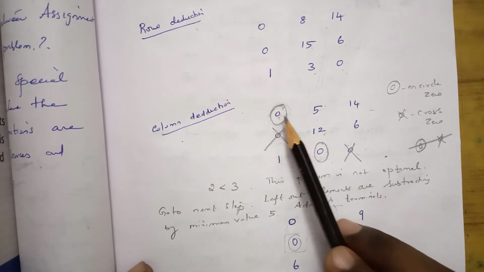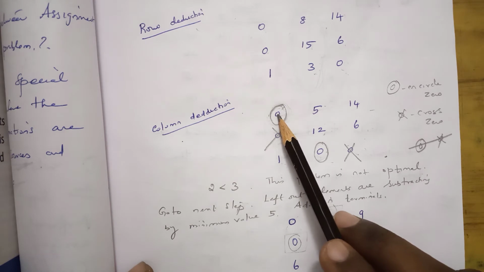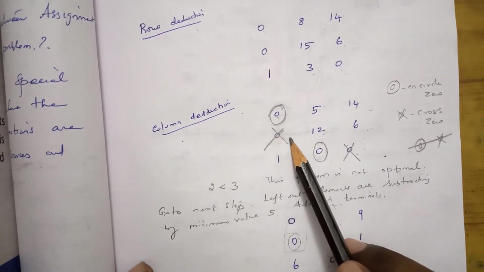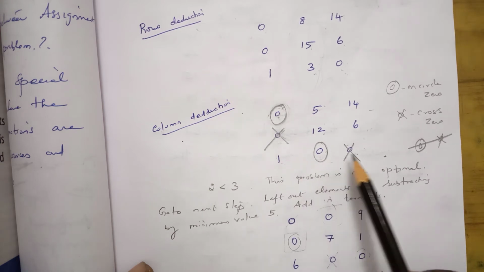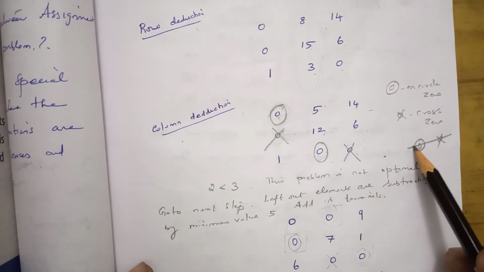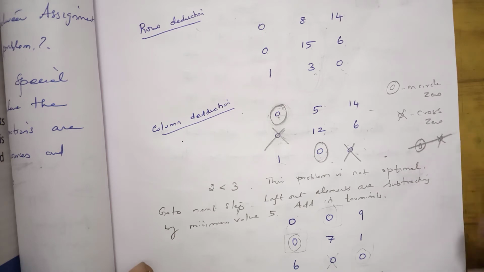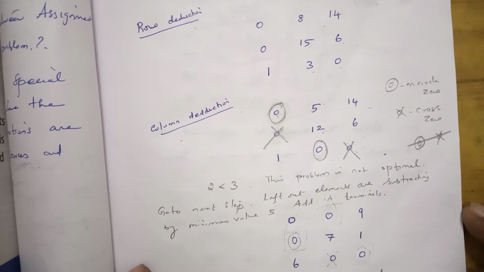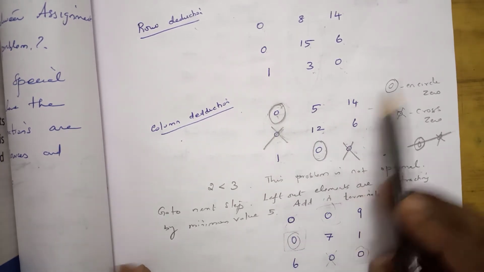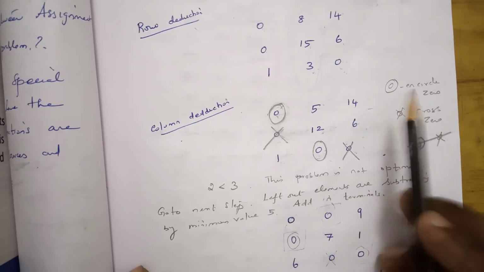Next we concentrate: the first 0 is encircled, this one is a crossed 0. Again this one is encircled, this one is a crossed 0. First our aim is to draw a straight line through the encircled as well as the crossed 0. In the first row there is only an encircled 0, so leave it. In the second row only a crossed 0, leave it.